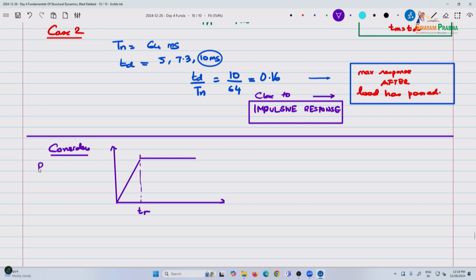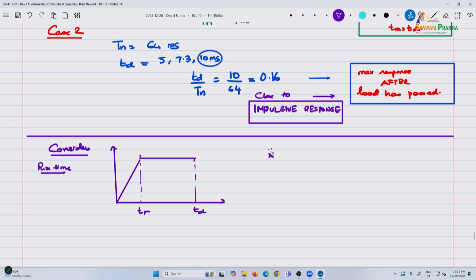So, consider rise time. Now, if you have a rise time and this is, let us say, the duration of the positive load, you now have 3 phases.